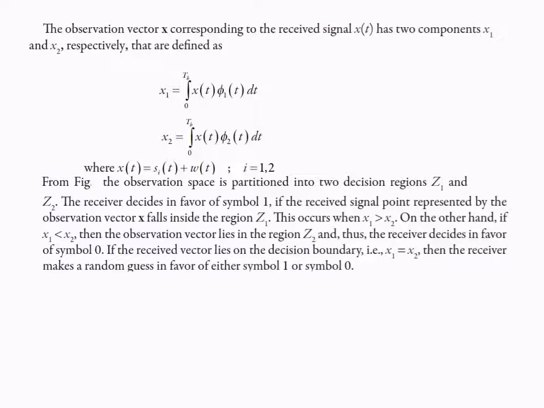the output of this bank of correlators is your observation vector x, and it has the components x1 and x2. Now, as we know, our signal space diagram is partitioned into two regions, Z1 and Z2.